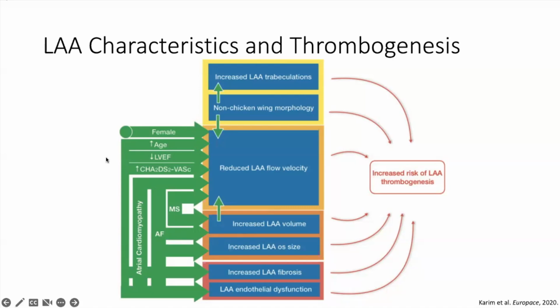On the right in blue, we have the characteristics specific to the left atrial appendage, very similar to those I spoke about in terms of slower velocity through the appendage: increased trabeculations, non-chicken wing morphologies, increased left atrial appendage volume, increased os size, increased fibrosis, and endothelial dysfunction. These are all subjects of ongoing study in terms of their risk contribution to stroke.